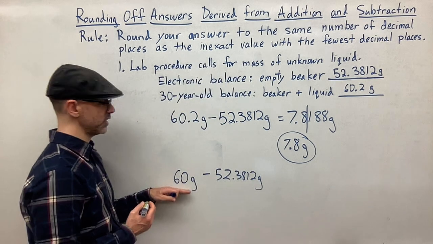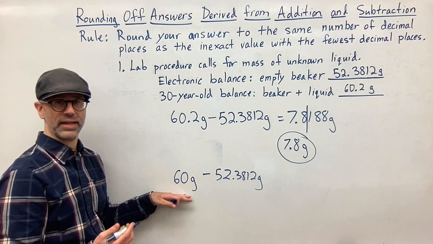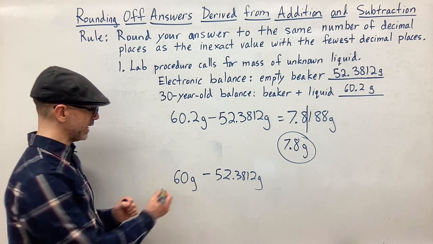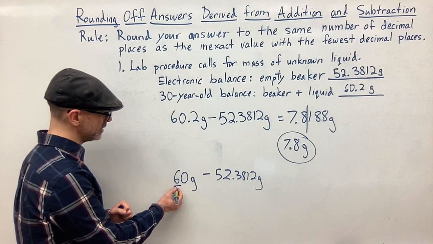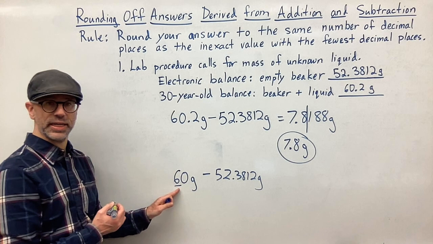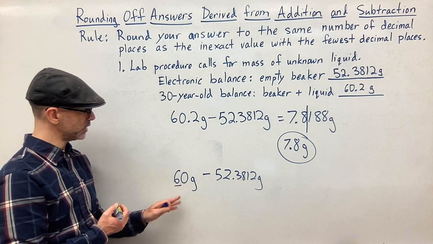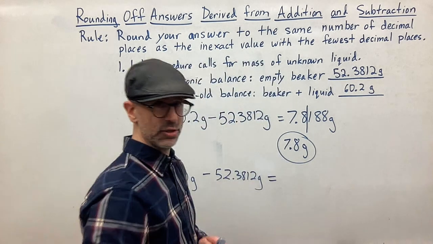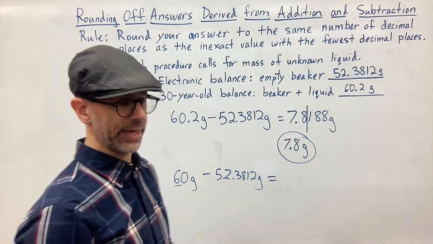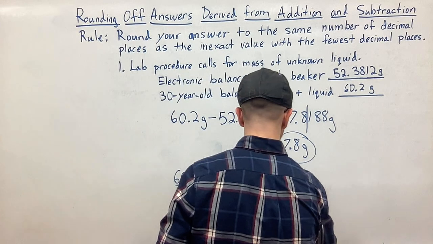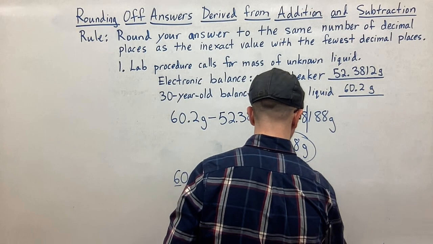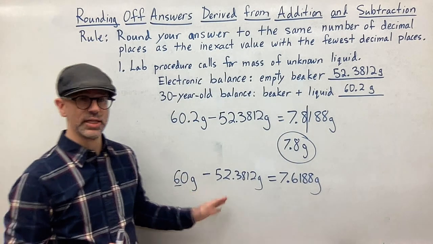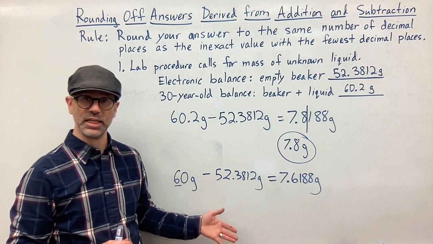Let's say, for the sake of argument, that my 30-year-old balance that I got out of my cupboard reads 60 grams. And here the last digit of significance is in the tens place, not the ones place. So I subtract this out and I get what value? And the answer is 7.6188 grams. So again, the question is, how many digits am I allowed to keep in my answer?